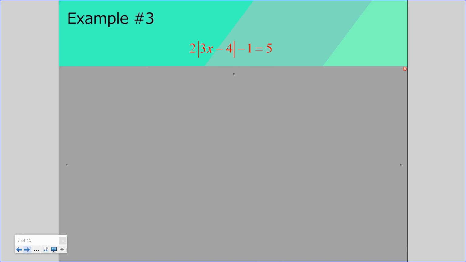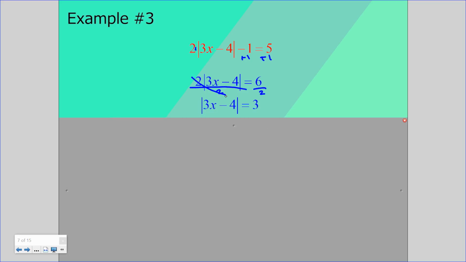Here's another one. The bars are not isolated. Here we've got 2 times the absolute value of 3x minus 4, minus 1. To fully isolate the bars, undo any addition or subtraction first. So add 1 to both sides, then divide both sides by that 2 that's being multiplied on the outside. That leaves you with the absolute value of 3x minus 4 equal to 3.